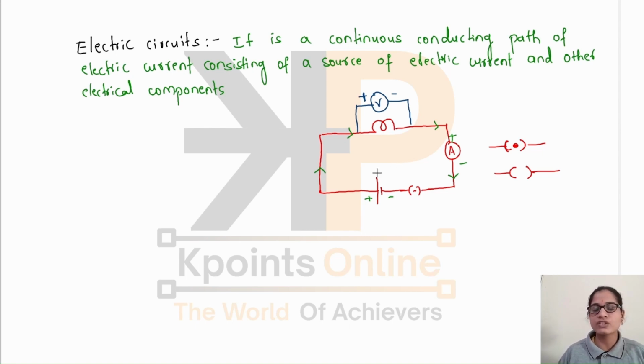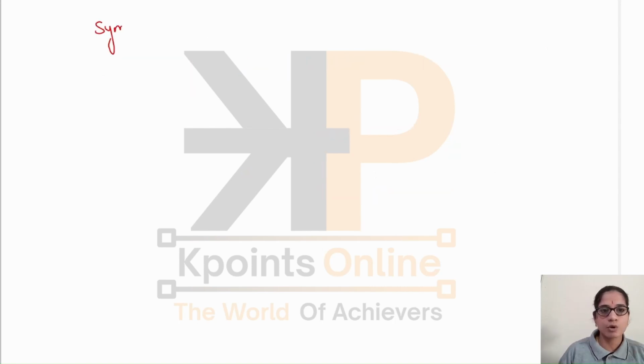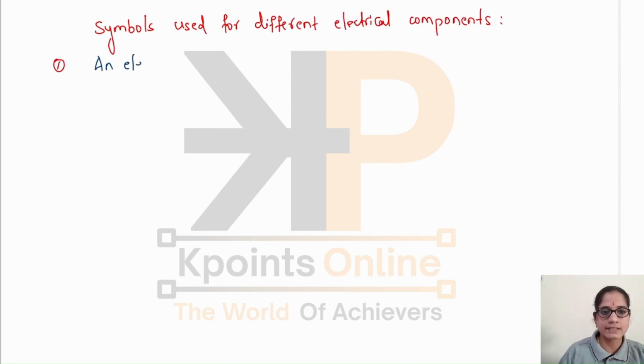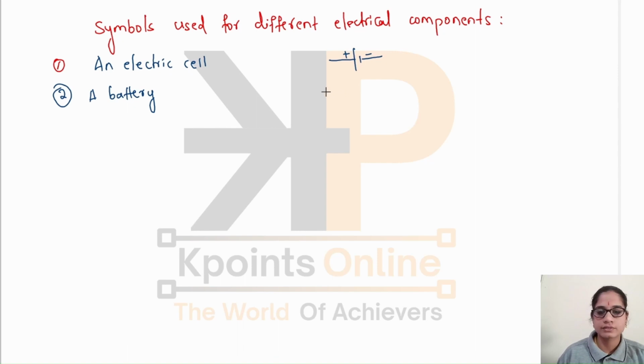Let us understand some of the symbols used for different electrical components. An electric cell is represented as, where this is the positive terminal and this is the negative terminal. And a battery, or combination of electric cells, is represented as, it is the combination of different cells.